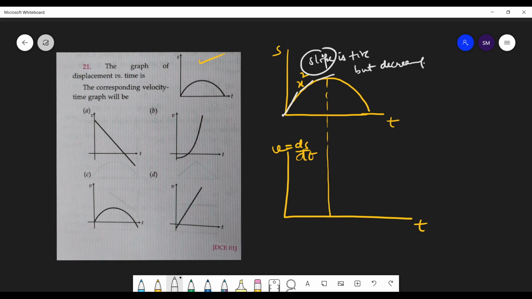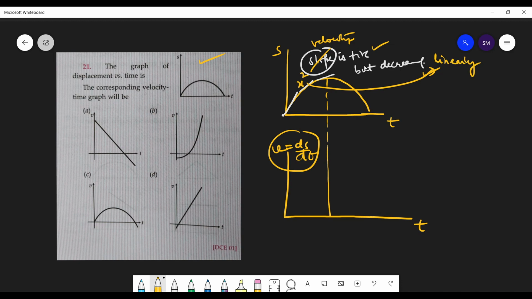So replace the word slope with velocity. That's what I have told you. So it means velocity is positive, but decreasing, as this is x square. This x square tells me differentiation of this will be 1 degree lesser, so linearly. So that's the answer.